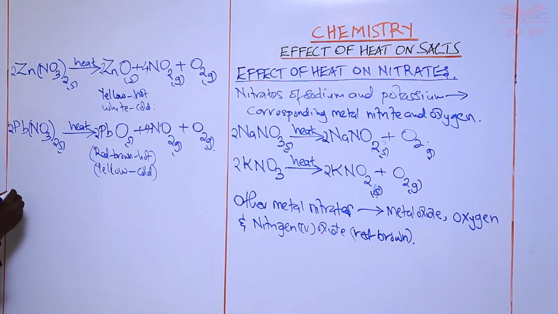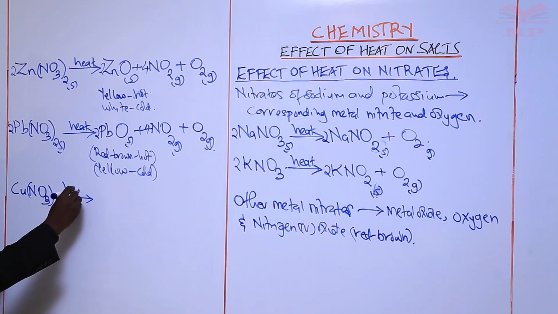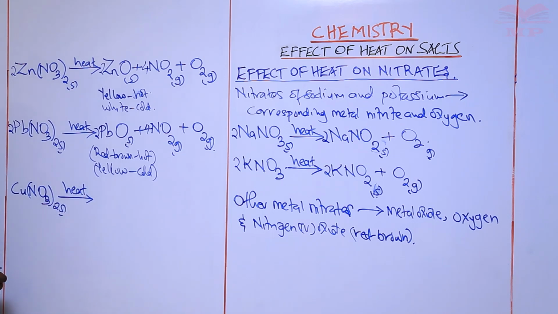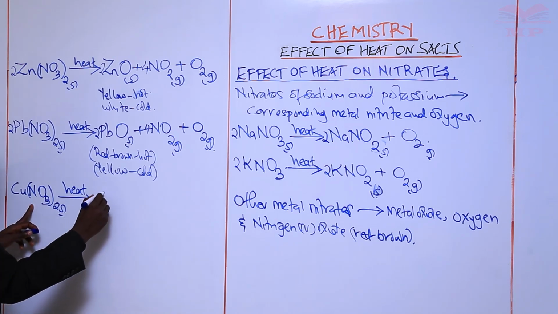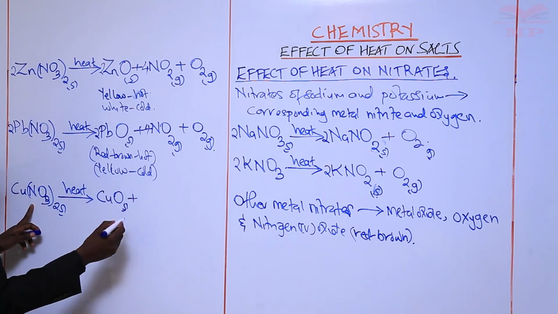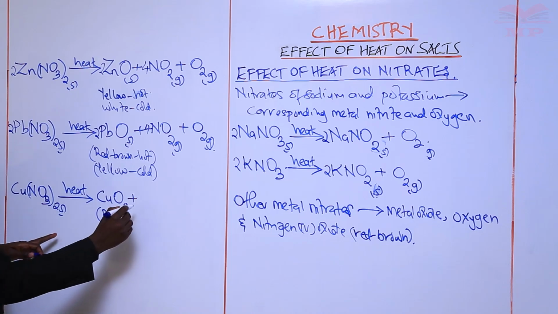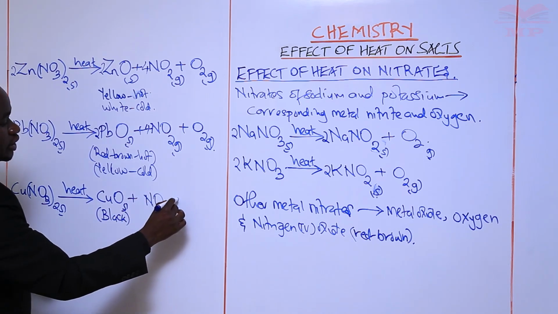Another example is copper nitrate. Remember, I have said these are elements which are found in the middle of the reactivity series. So the products of heating copper nitrate will be copper oxide, which we said earlier on is black in color, and then the other product will be nitrogen 4 oxide gas.